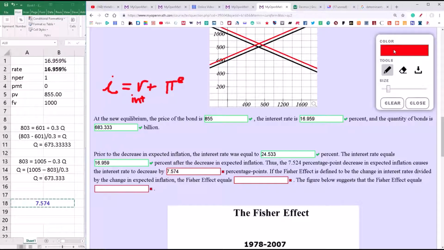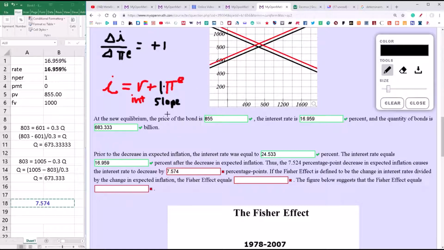And then we can think of 1 as the slope. And remember what the slope is. It's the change in the y, in this case, nominal rate of interest, over the change in expected inflation. And in this case, the slope is a +1, right?